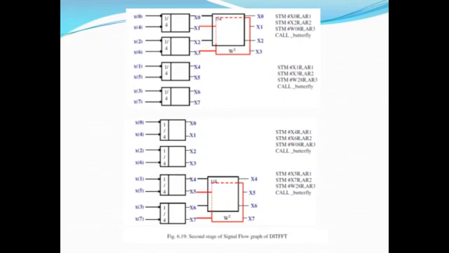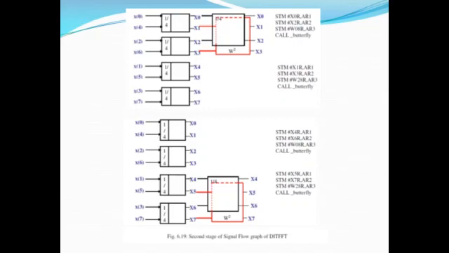Similarly here x1 and x3 are the inputs, producing x1 and x3 as the outputs based on the twiddle factor W power 2. So earlier we had a twiddle factor W power 1. Here in the second stage we have the twiddle factor W power 2.